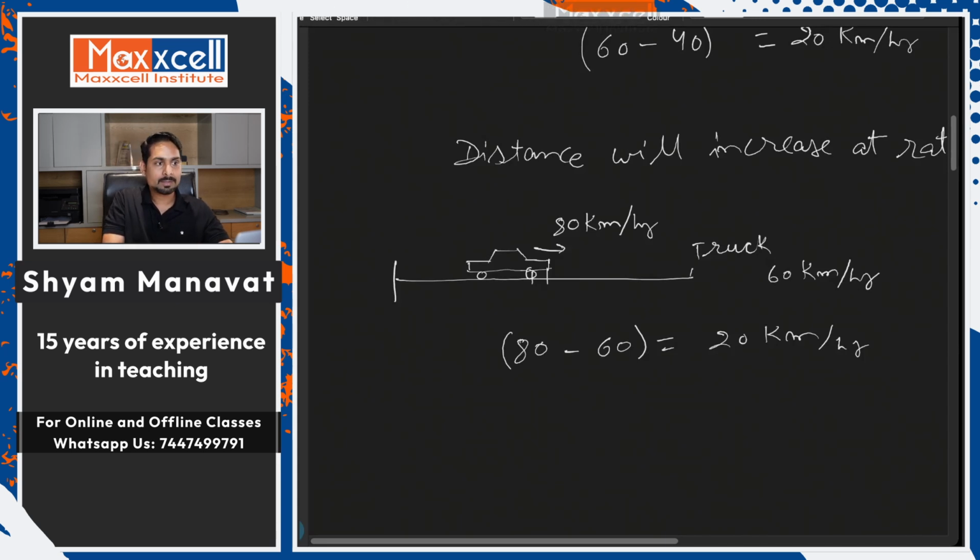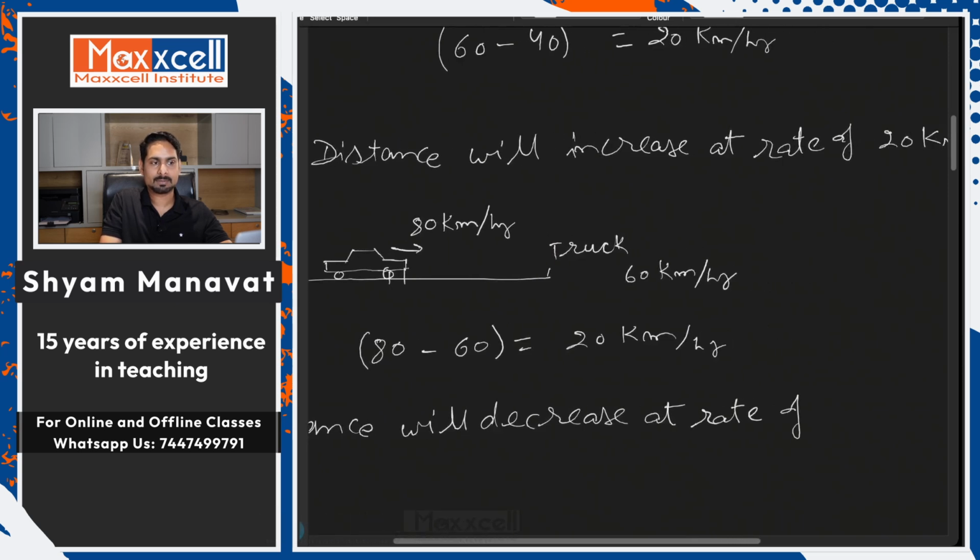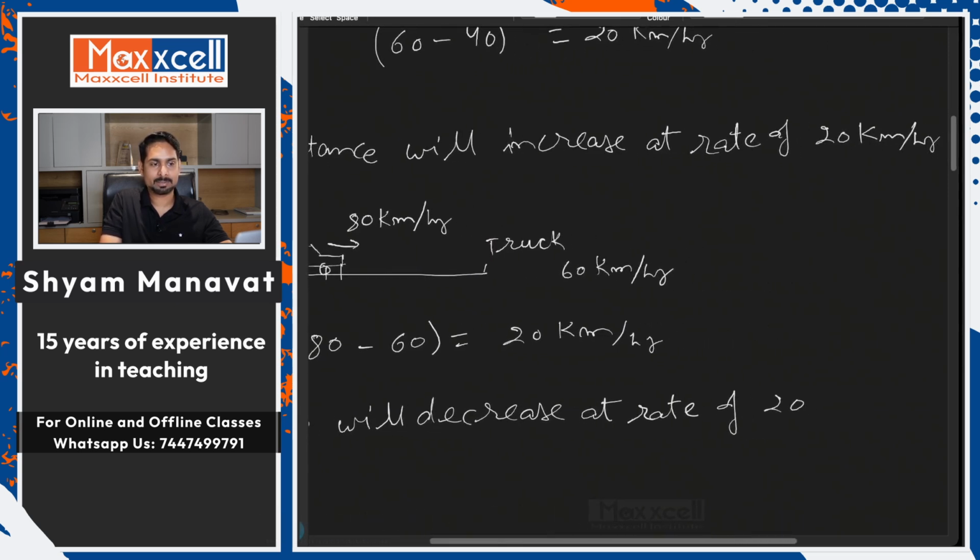So here we'll say the distance will decrease at the rate of relative speed, that is 20 kilometers per hour, right?